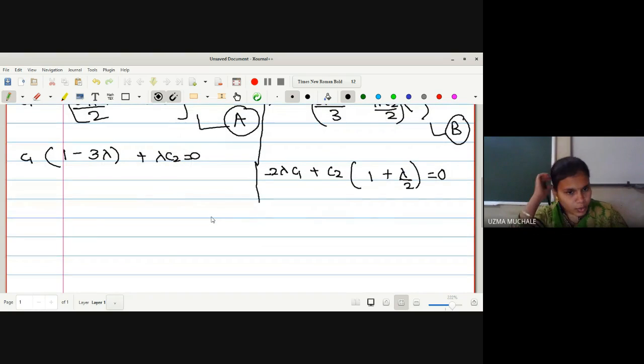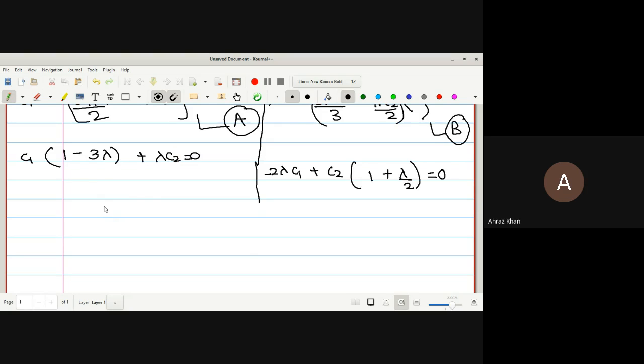Now these are the two equations in two unknowns, that is C1 and C2. Now we can solve these equations directly, or you can solve by Cramer's rule. Yes, anyone remember Cramer's rule for finding the values? Ma'am, we consider the determinant dx, dy and the determinant of constants d.